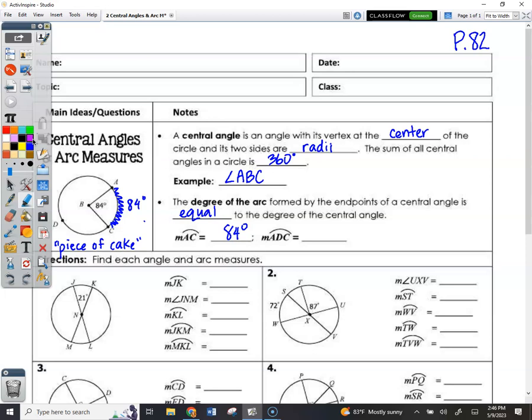If arc AC is 84, do I have enough info to find arc ADC? Yes. How would I find it? Subtract 84 from 360. You have the entire circle at 360. You take off the 84, and you'd be left with the 276 that goes here. And I want you to make a note where it comes from.